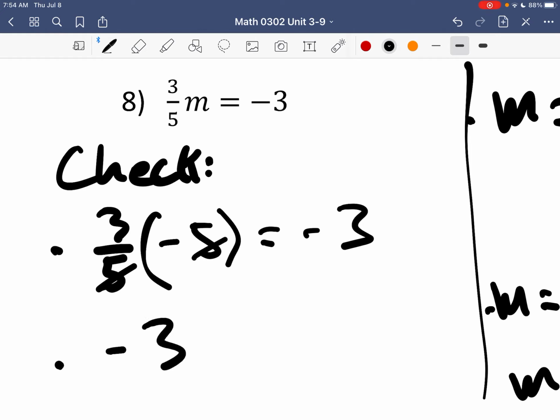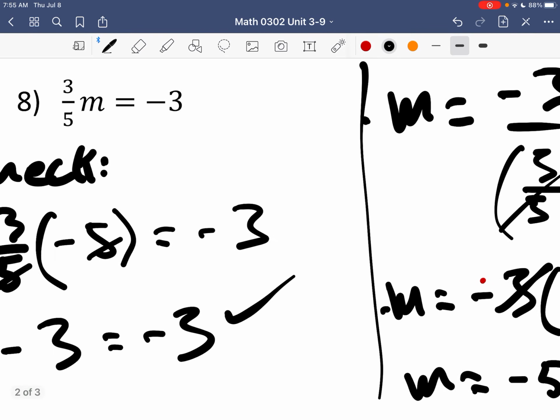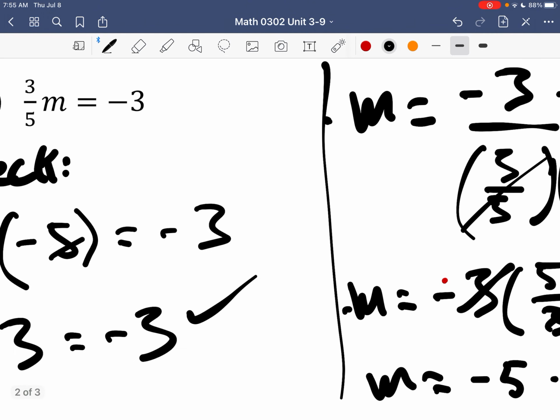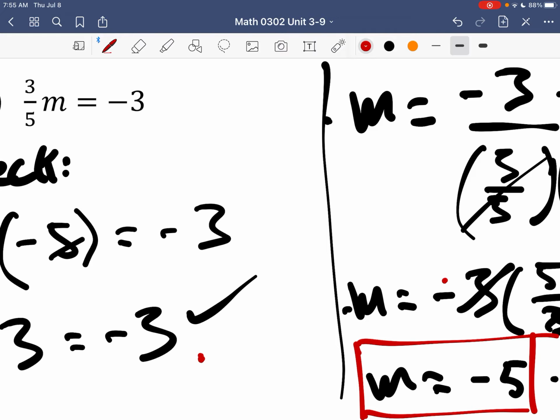So on the left-hand side, that turns into a minus 3. Right-hand side, also negative 3. And so the solution to this equation really is m equal to minus 5, and that was verified over here in the check.